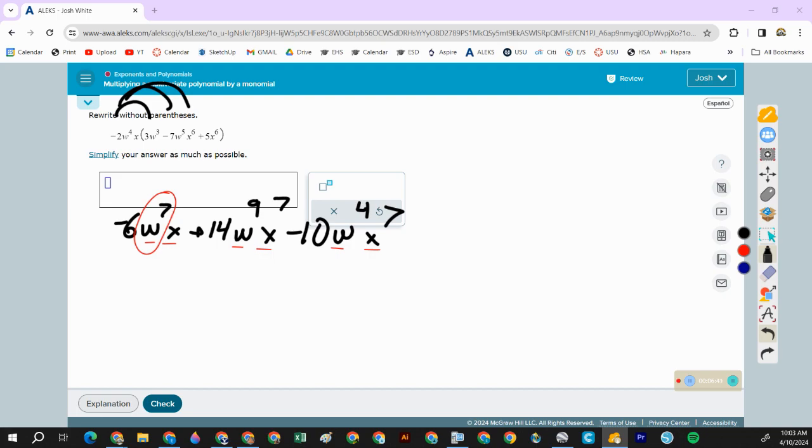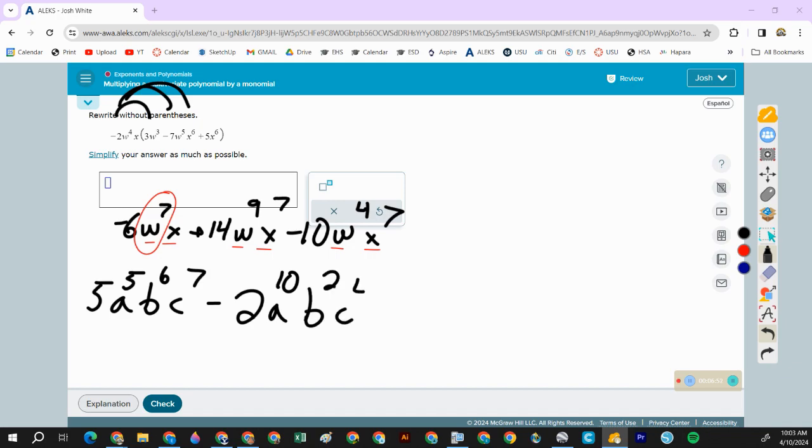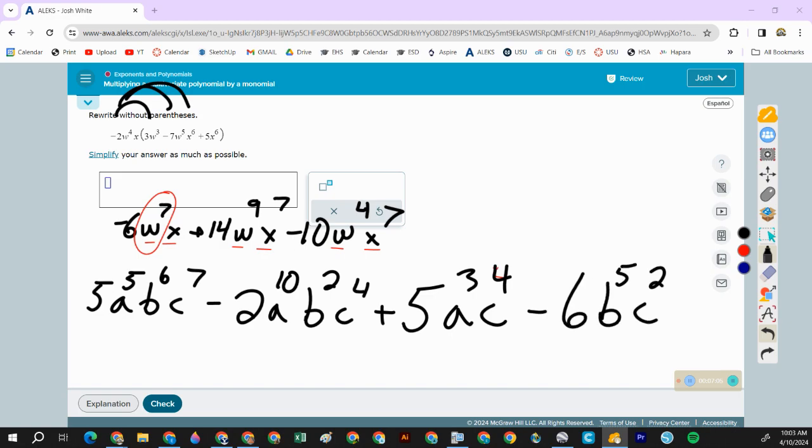So if I had 5a to the 5th, b to the 6th, c to the 7th, minus 2a to the 10th, b squared, c to the 4th, plus 5a to the 3rd, c to the 4th, minus 6b to the 5th, c squared, plus 2b to the 3rd, c to the 8th.